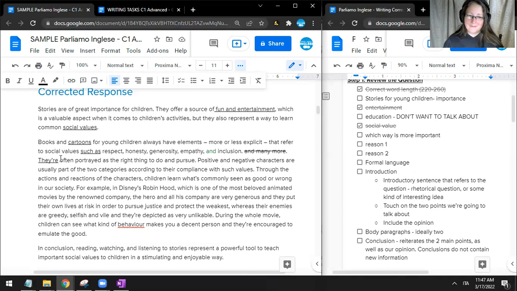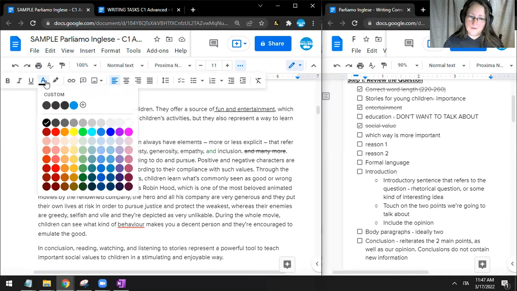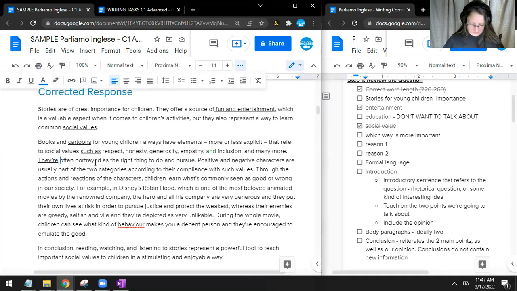But it doesn't really make sense that books or cartoons are portrayed in a certain way, or at least not in this case. I think you're talking about the content sort of portrays or exhibits the right or wrong thing to do for children. So this is really vague. So I would just clarify this.